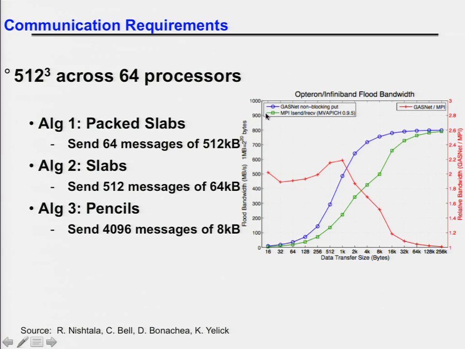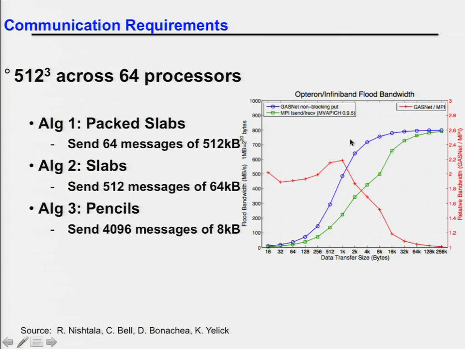And so the way I'm going to do that is by looking just at the bandwidth that I can get out of this machine for sending byte messages of different sizes, ranging from 16-byte messages up to really, really big ones, 256K. And so the vertical axis is bandwidth, up is good.